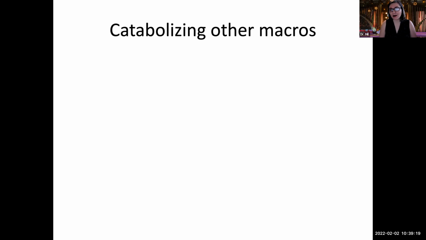So besides carbs, what are the other 2 major fuel sources for living things? That's right. Proteins and fats.